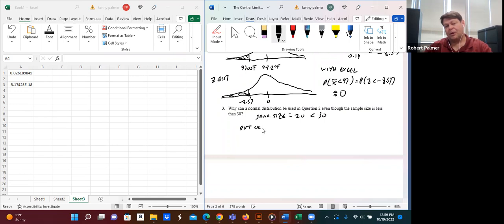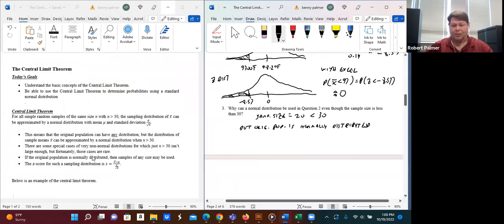But the original population is normally distributed. So if we go back to our description of the central limit theorem, what it said is that if the original population is normally distributed, I can use any sample size I want.